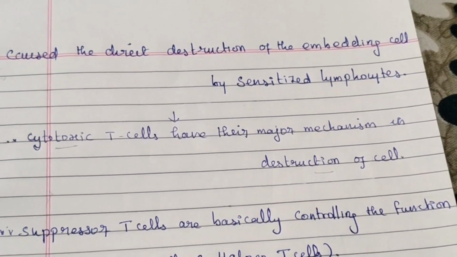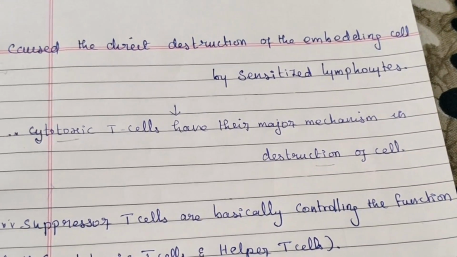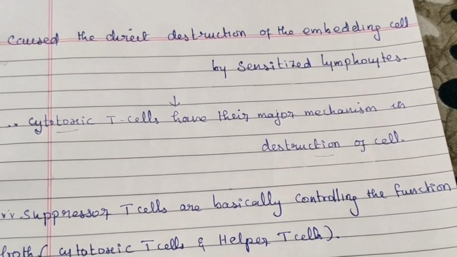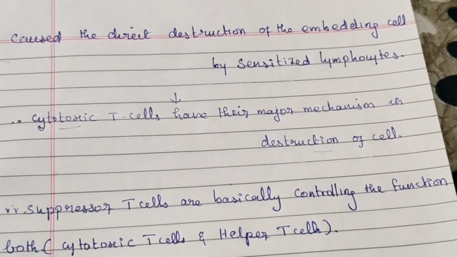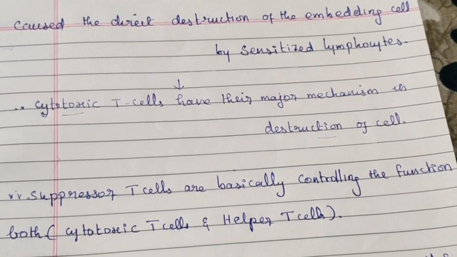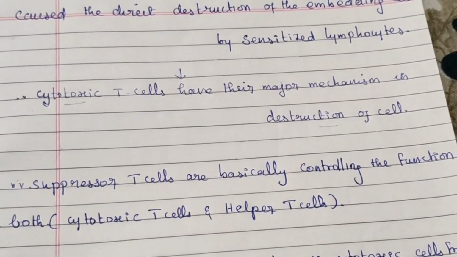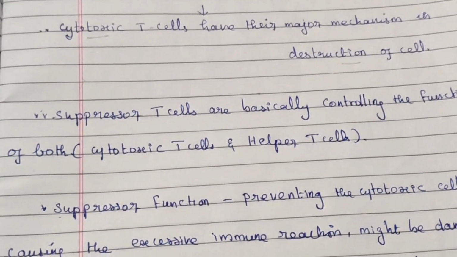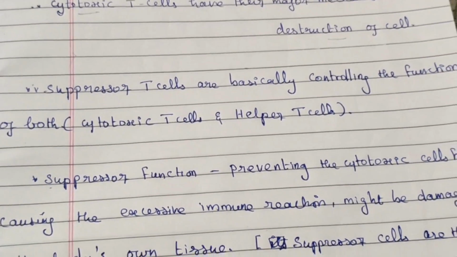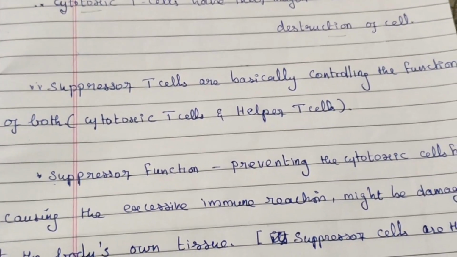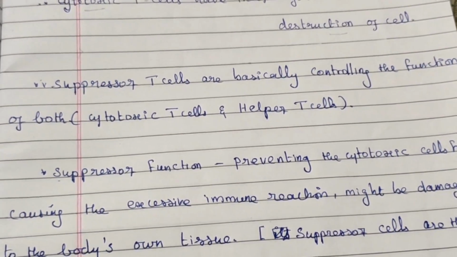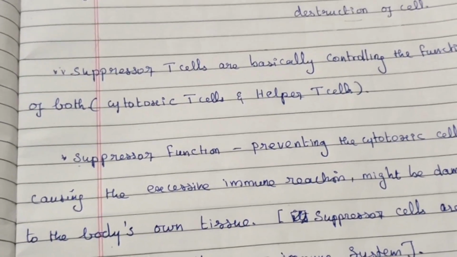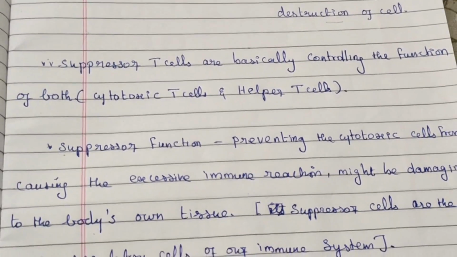So cytotoxic T cells have their major mechanism in the destruction of cells, while suppressor T cells, as the name indicates, suppress. Suppressor T cells control the functions of both the cytotoxic T cell and the helper T cell.